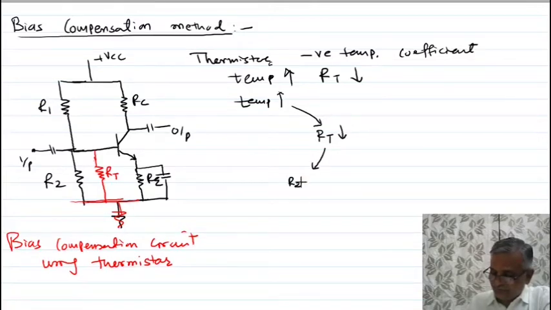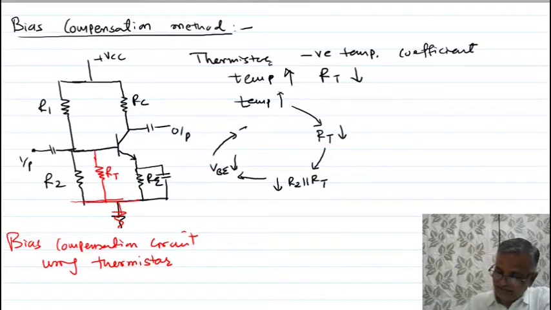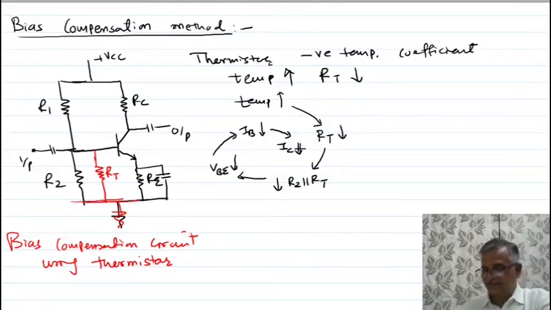So the resistance of the parallel combination of R2 and RT decreases. As a result, base emitter voltage decreases. So base current decreases, so collector current decreases. So collector current decreases with increasing temperature. In this way, collector current tries to stabilize against the variation of temperature.